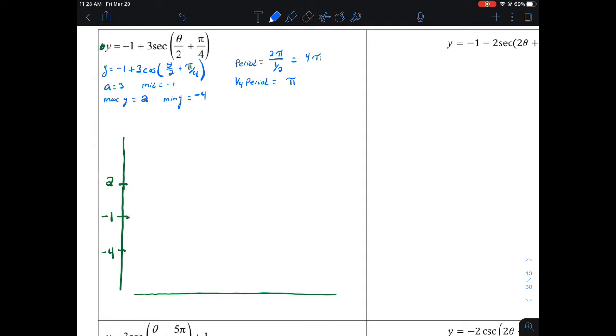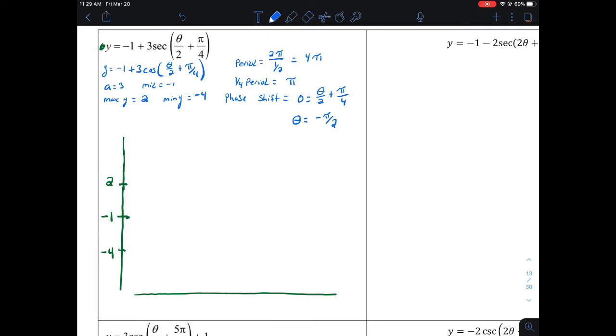Now I want to find my starting point, or the phase shift. I'll set the inside equal to 0, solve for theta. That gives me -pi/2.